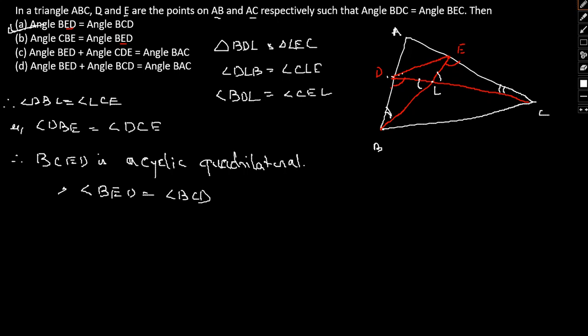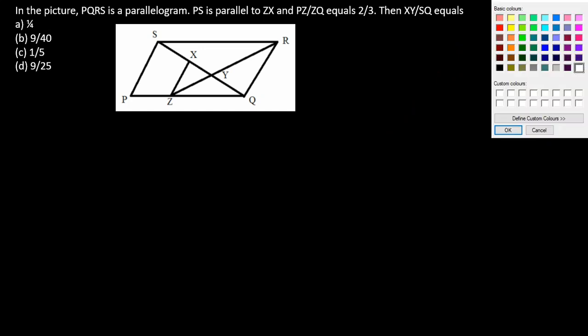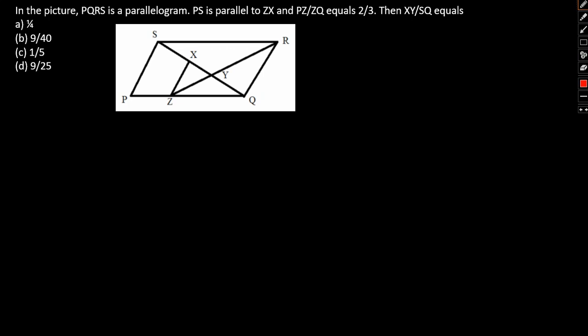So with that said, let's move on to the last question. The third question: in the picture, PQRS is a parallelogram and PS is parallel to XZ. So PZ by ZQ is 2 is to 3.